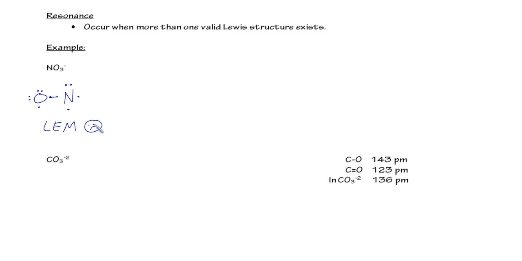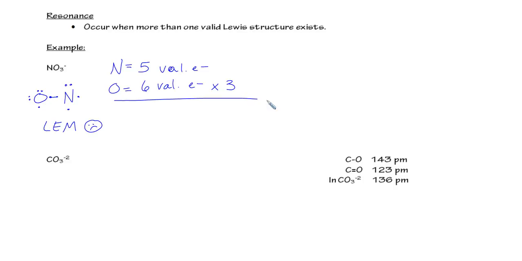So what do we got here? Nitrogen is going to carry 5 valence electrons, and then oxygen has 6 valence electrons times 3. Okay, so that's 18 and 5 for a total of 23.